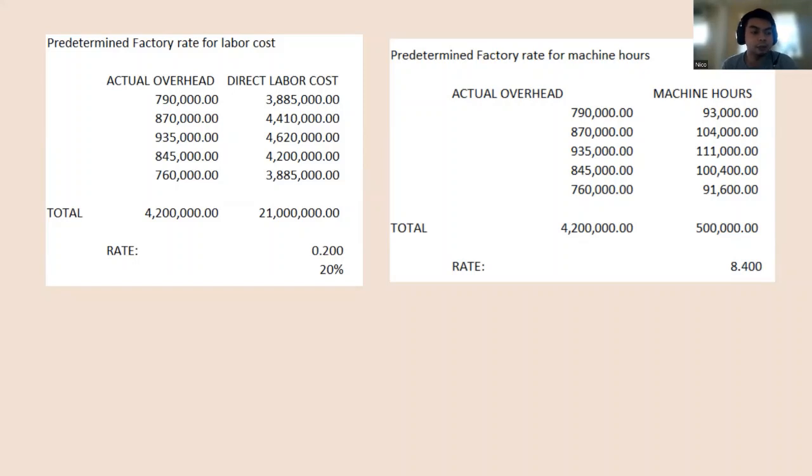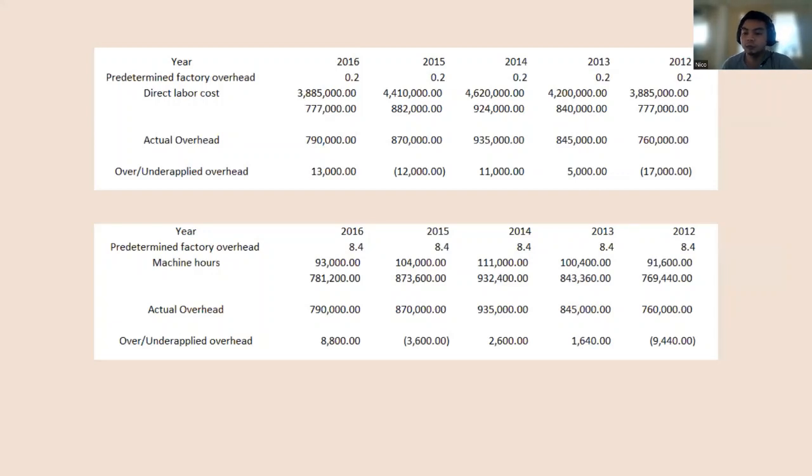So for our next problem, for each of the past 5 years, we need to determine the over or under-applied overhead based on the two predetermined overhead rates developed in part 1. So this would be our answer for our second question.